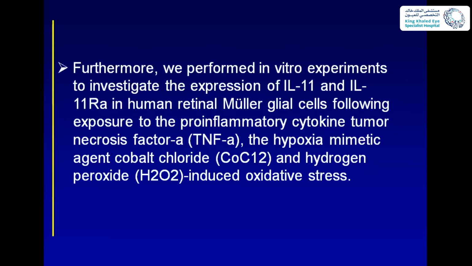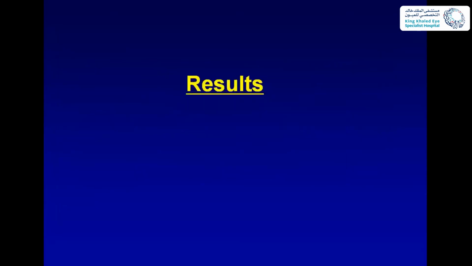And after that, we see whether the expression of cytokines, interleukin 11, is increased or not. So our discussion is based upon the human vitreous fluid and the epiretinal membrane, and after that, human retinal Muller cell culture. And the results are here.